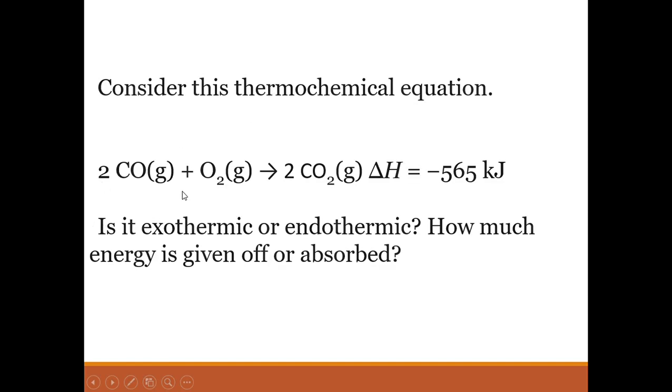So this is an exothermic reaction because it has a negative sign, which indicates that the reaction is exothermic. And how much energy is given up or absorbed? It gives up 565 kilojoules.